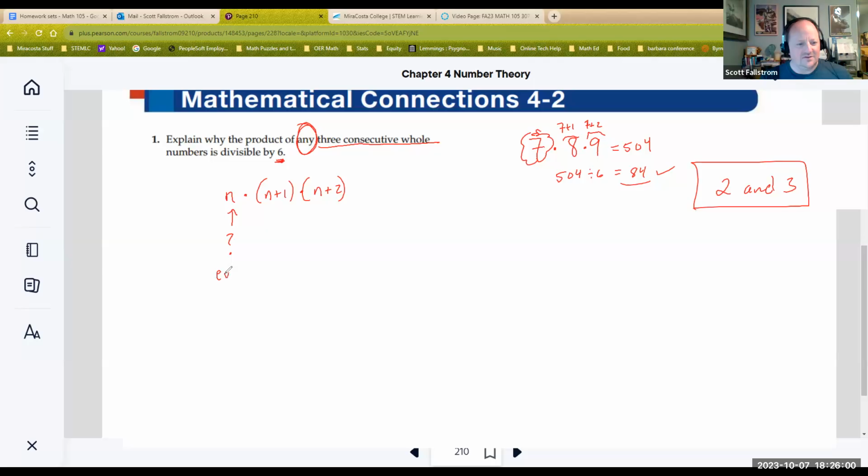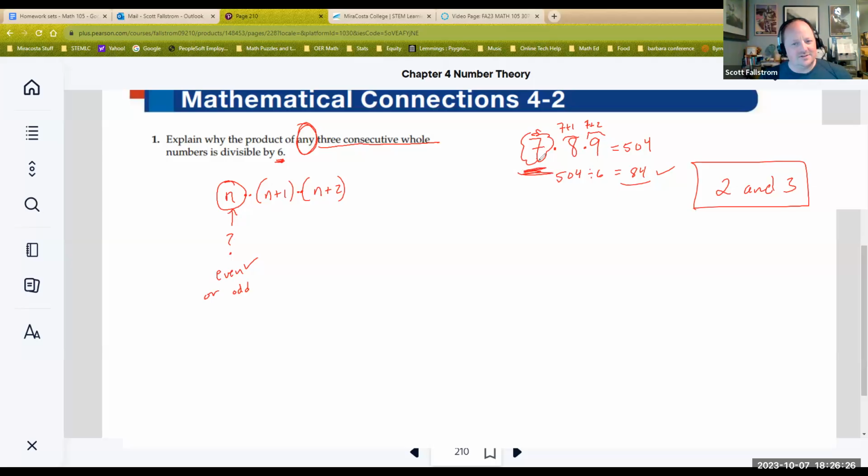So this could be even or odd, right? But if it is even, then when I multiply it by a bunch of other numbers, it has to be a multiple of 2, because if it's even, it already is a multiple of 2. So if it's even, we're good, and the whole number, whatever I multiply by, will be divisible by 2.